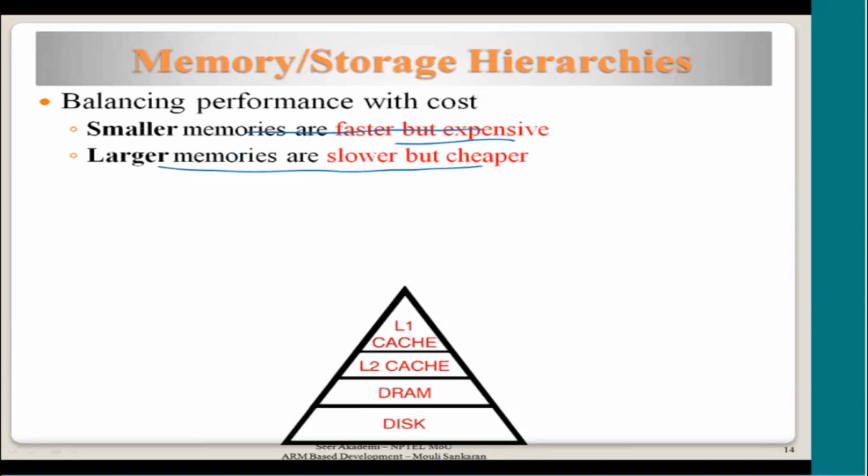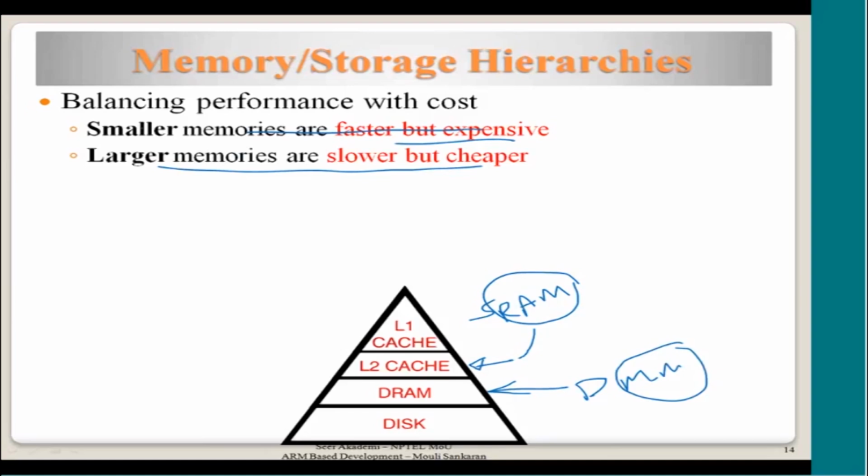SRAMs are costlier, but you can't keep too much SRAM memory inside the chip, so you tend to keep few registers, and they consume more power. L2 cache is also of this type. DRAM here is the main memory. So you have the more expensive memories closer to our CPU.